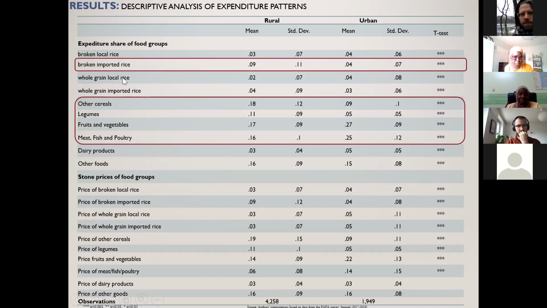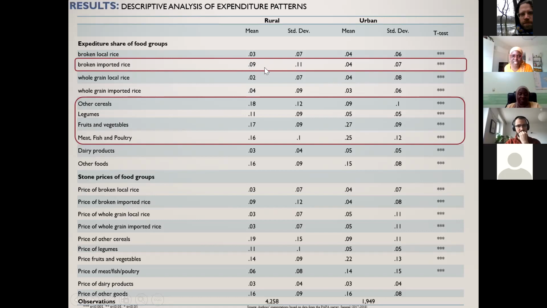That is the first part, and the second part we have the price indices. The price indices here are weighted average prices within food groups and within administrative regions.